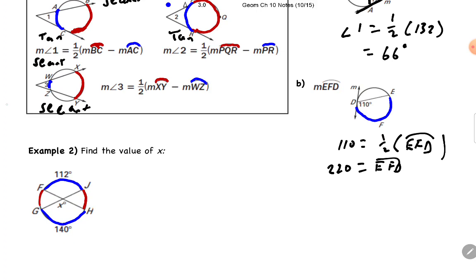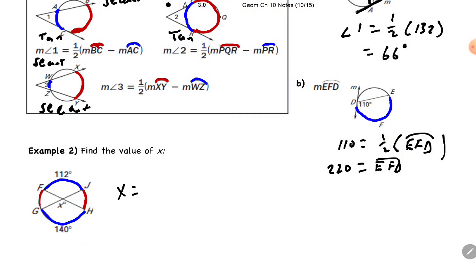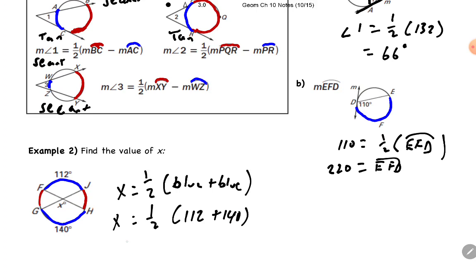If we want to find the angle x, that's going to be equal to 1/2 blue arc plus blue arc. So 1/2 of 112 plus 140 is 1/2 of 252 degrees, which is equal to 126 degrees.